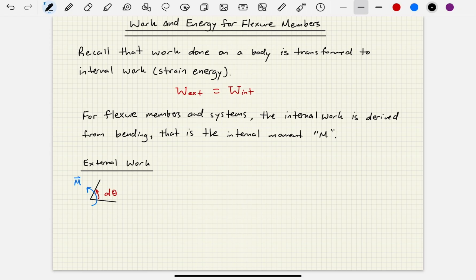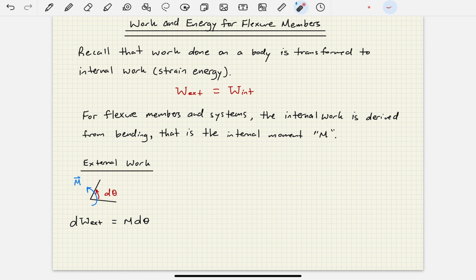That was work done by a force. Here we're dealing with work done by a moment, okay? So here what we're going to have is the differential external work, dW_EXT, is going to be equal to that moment times d theta. Here you've got the work done by a moment is the moment multiplied by the angle that it is rotating through. In this case, it's a little differential angle d theta.